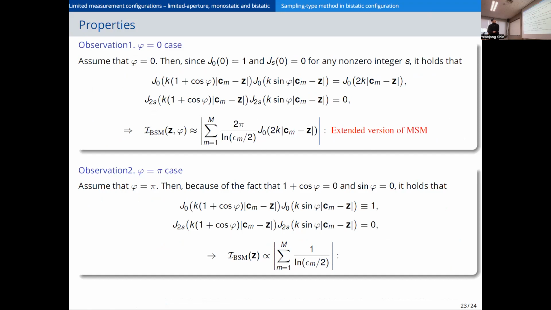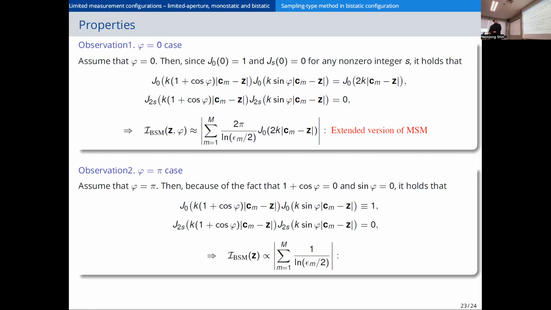From this observation, we can find that this is the extended version of the BSM, the monostatic sampling method. Another observation is varphi equal to pi. Physically, I think the best range is just pi, because this is the transmitter and this is the receiver, the best scenario to obtain all the information of the object.